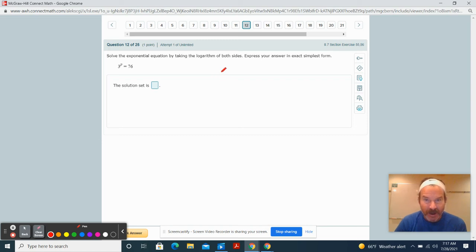The first one's called the power property. And let me give you an example of a log that we should know. The log of 10. The log of 10 is equal to 1. Okay, remember there's a 10 right here. And if we go like this and put the x on this side, this is called a common log. 10 to the first power is equal to 10.